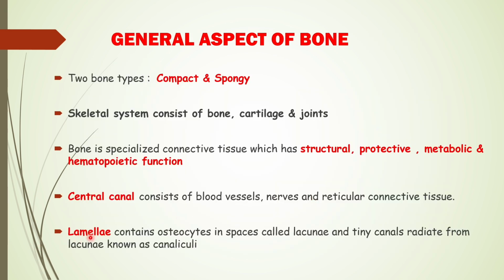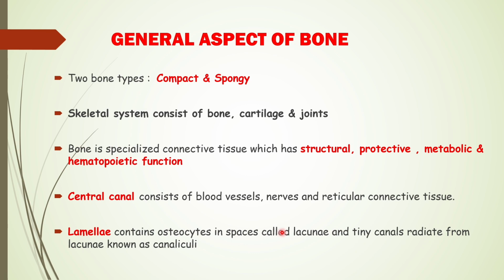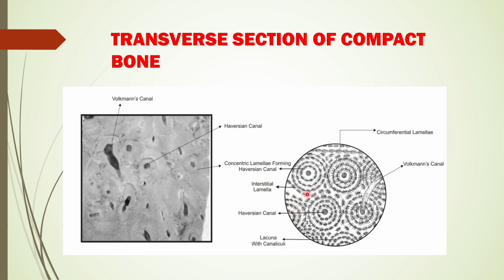Now, in the lamellae, there is a presence of osteocyte within the lacunae. In this concentric lamella, this is the lacunae in which osteocytes are present, right? This gutter-shaped depression is the lacunae. The channels that radiate from the lacuna are known as canaliculi, right?